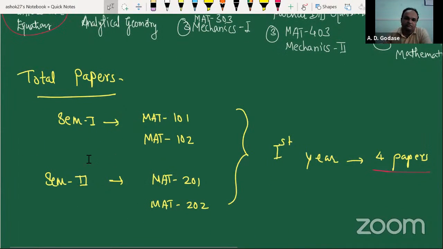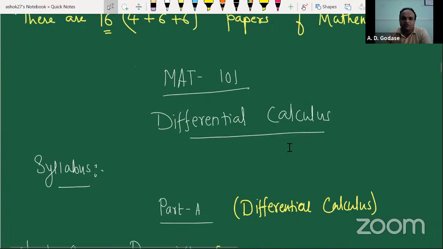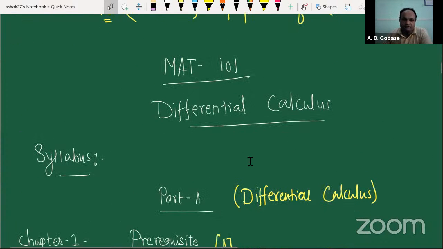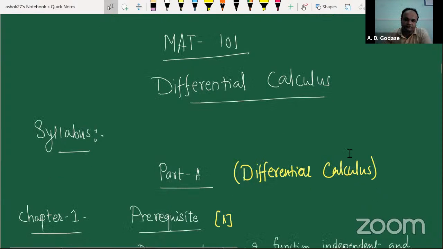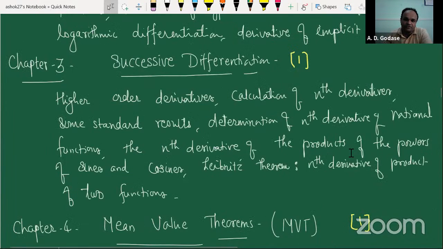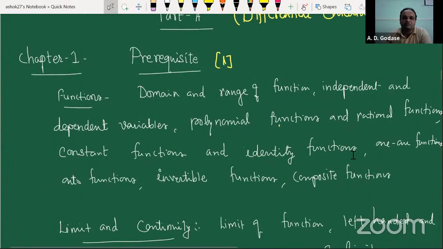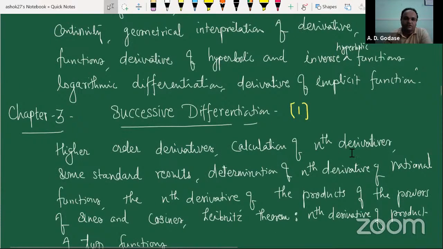For the first semester there are 2 mathematics papers, MAT-101 and MAT-102. In the last lecture we already saw the syllabus of MAT-101, differential calculus. There are a total of 7 chapters. Out of those, the first 5 chapters are from differential calculus, and the remaining 2 are from vector calculus.